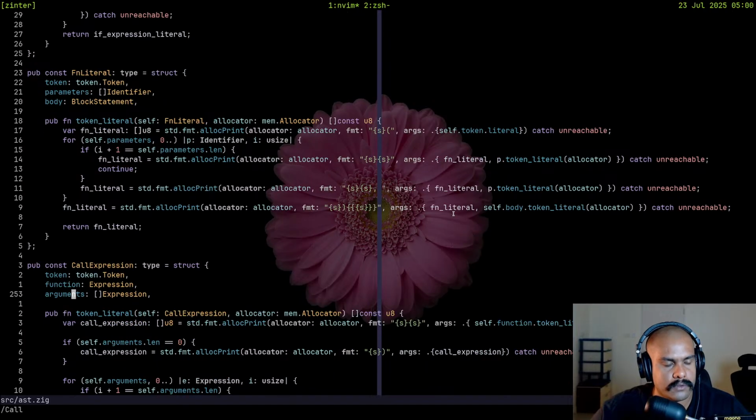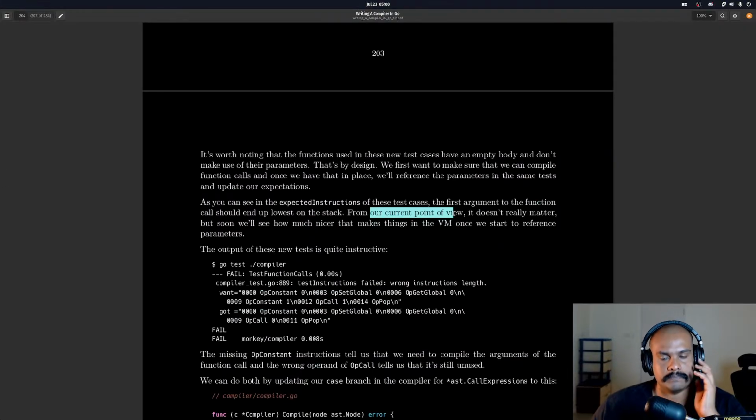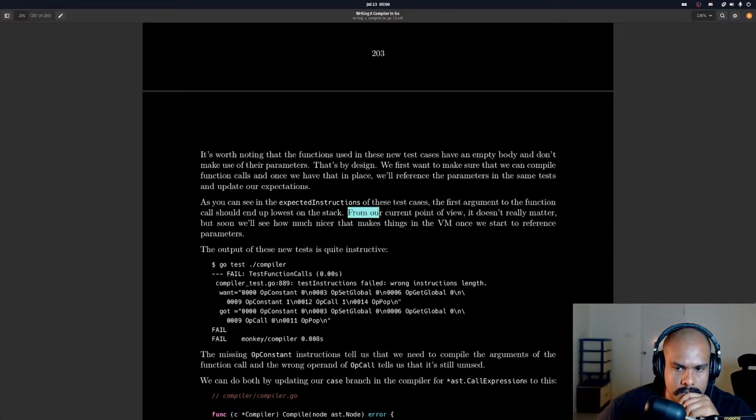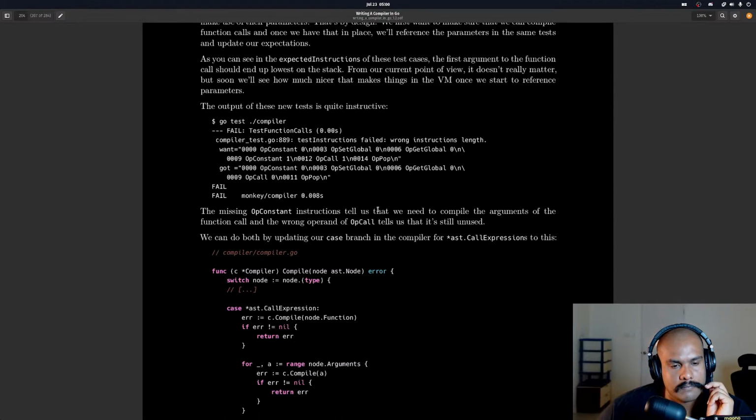Okay, you do have an array of expressions. I mean, so far we've only added the operand.